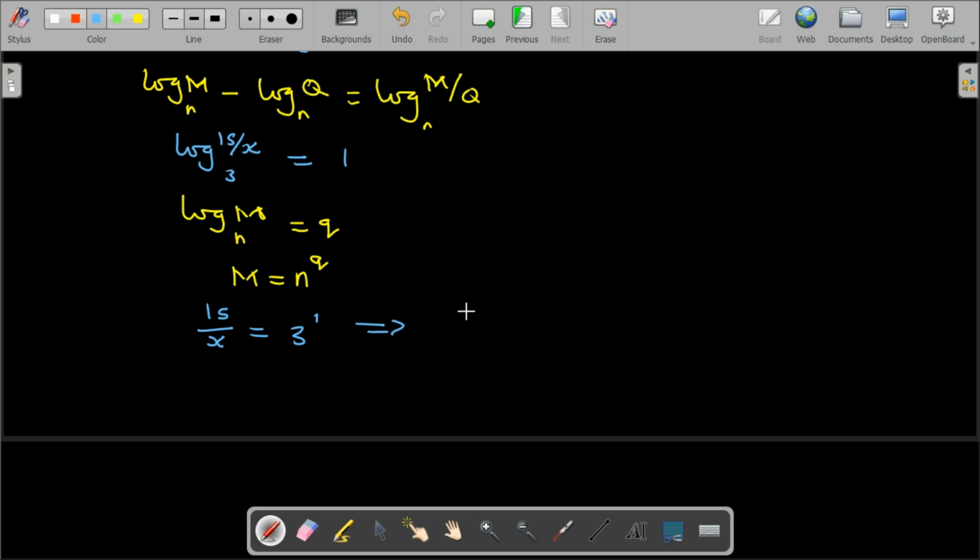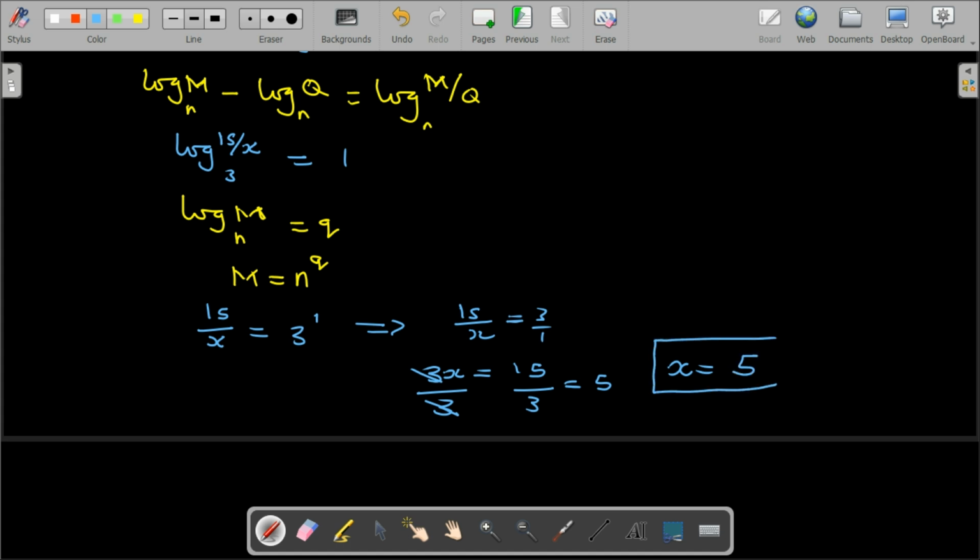From here, this becomes 15 over x equals 3 over 1. If you cross multiply, you see that you have 3x equals 15. And if you divide both sides by 3, you're going to have our x to be 5.